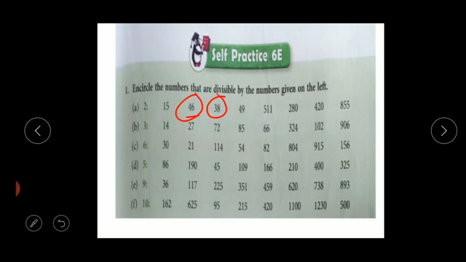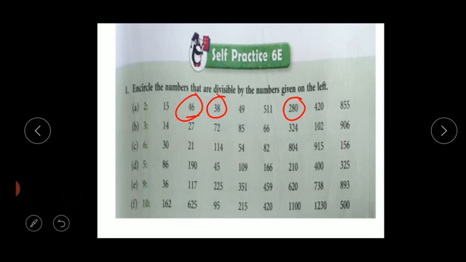So 38 is divisible by 2. Now 9 is not an even number, so 2 cannot divide 49. Even in the case of 511, the condition is the same. 1 in the ones position is an odd number, so 2 cannot divide 511.